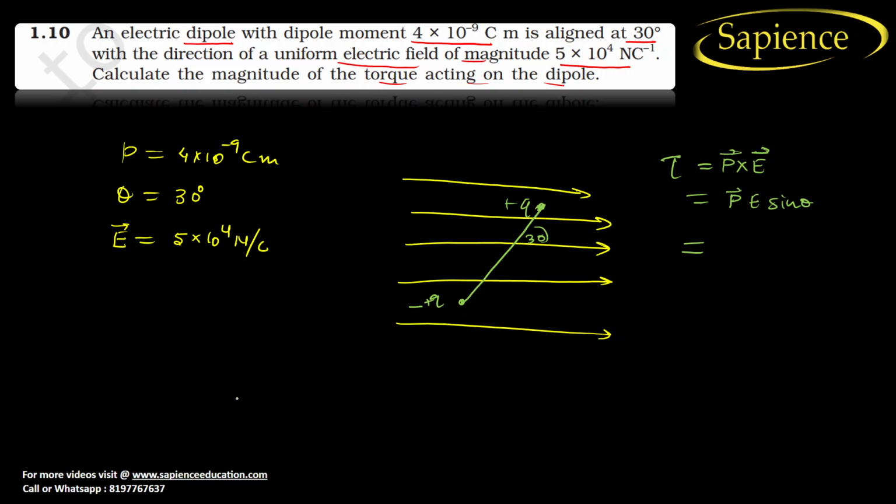So you should put the values of P and E. P is equal to 4 into 10 to the power minus 9 into E means 5 into 10 to the power 4 into sine 30 degree. So it will be 10 into 10 to the power minus 5 Newton meter. So I hope you have understood this one.